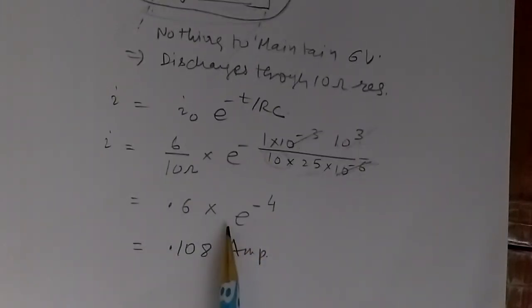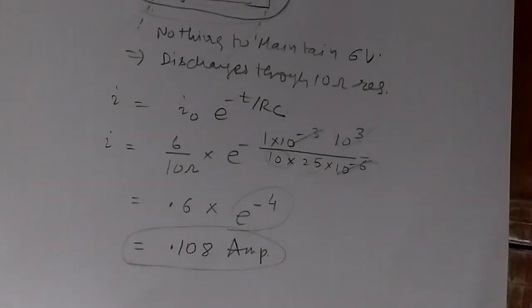If you calculate e to the power minus 4 and multiply by 0.6, you get 0.108 ampere.